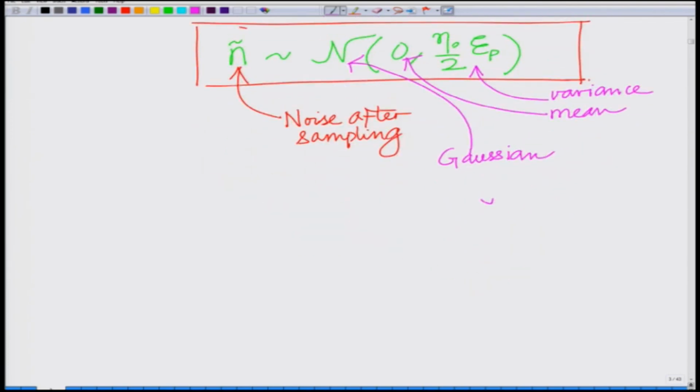Gaussian of mean mu and variance sigma square is denoted by N of mu comma sigma square, that is Gaussian of mean equal to mu, variance equal to sigma square.